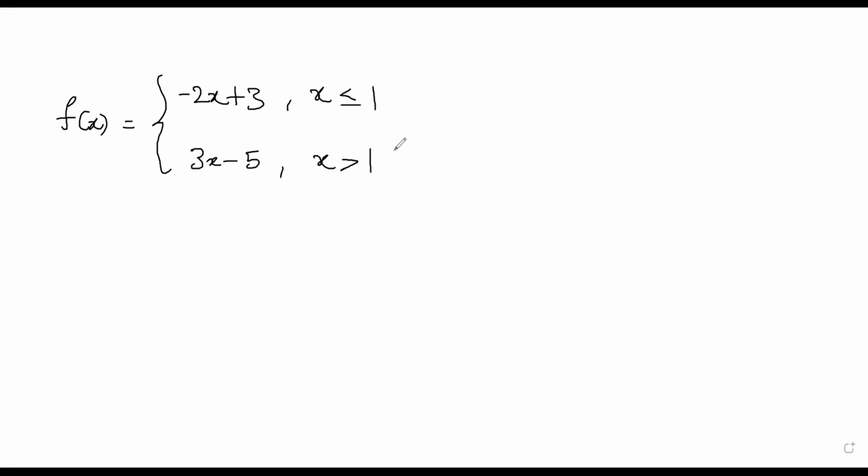You have to find the limit as x tends to 1. That's what the question is. So find the limit as x tends to 1 of f of x. This is how the question will be asked.